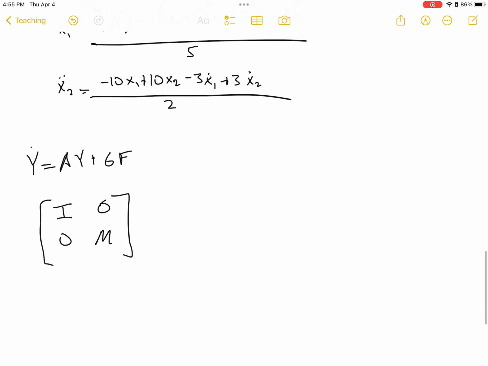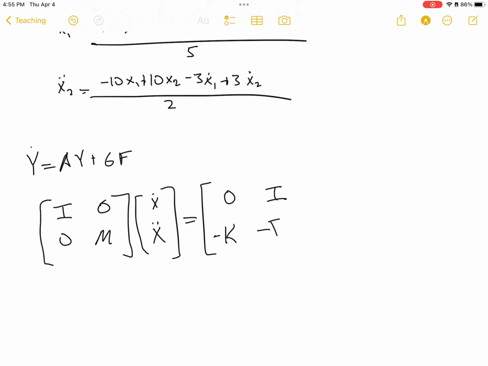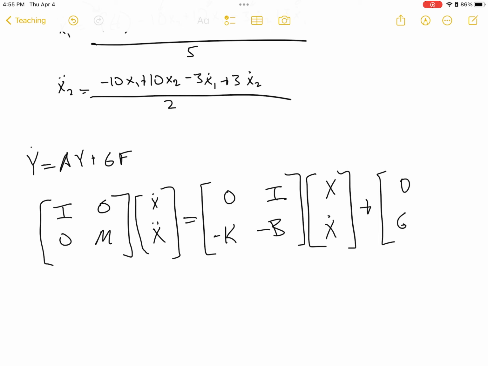And this is multiplied by x dot, x double dot, equals the zero matrix, the identity matrix, minus your stiffness matrix, minus your damping matrix, times x dot, plus 0, g. So this g comes from your inputs times some force.